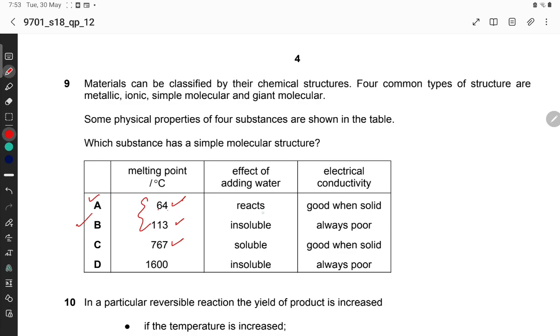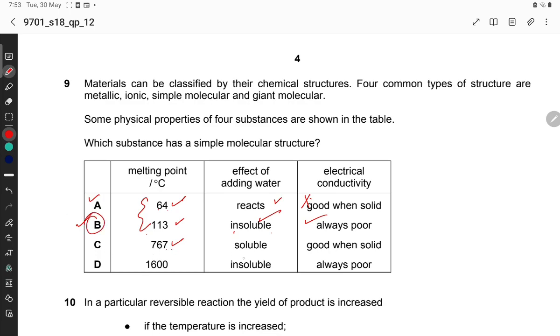The effect of adding water: reacts with water, yes. Electrical conductivity: good when solid. This is incorrect. For 113, simple molecules are insoluble in water and always have poor electrical conductivity, so B is the correct answer.